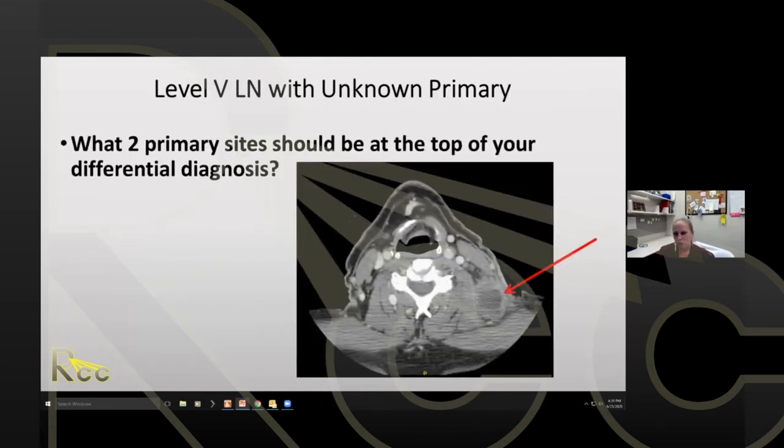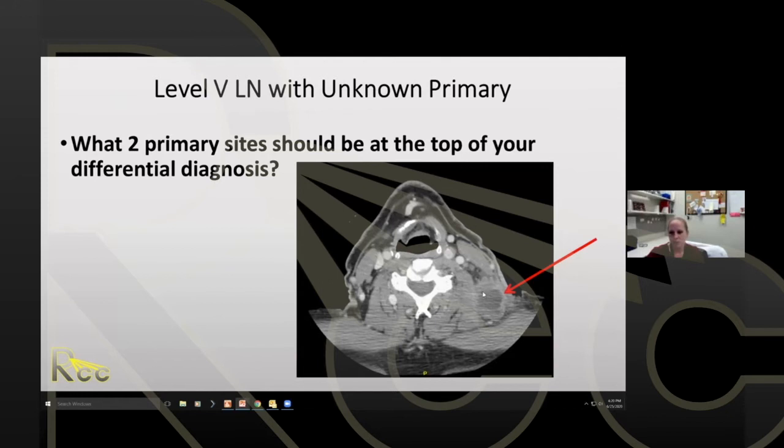So this is a patient that I just had under treatment who completed a few weeks ago. This CT scan was performed prior to his surgery back in February. What we see here is a very grossly enlarged left level 5 lymph node.